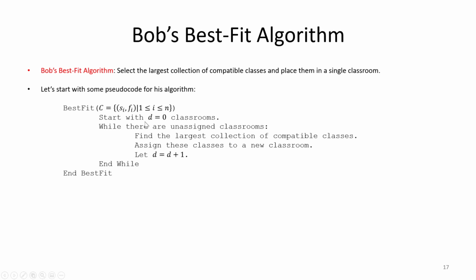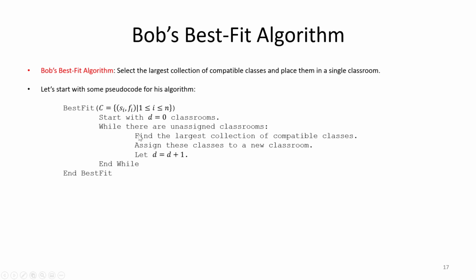Otherwise, we're going to start with an empty set of classrooms and we're just going to iterate, find that largest collection of compatible classes, and assign them all to a new classroom. So every loop here, we're going to have one more classroom. And so we're going to have about D loops if there are D classrooms. But we haven't really said what this inner step is.